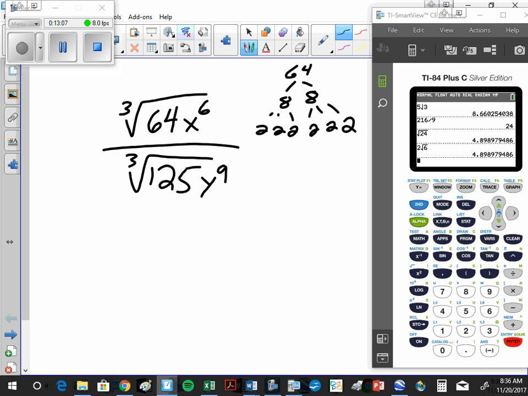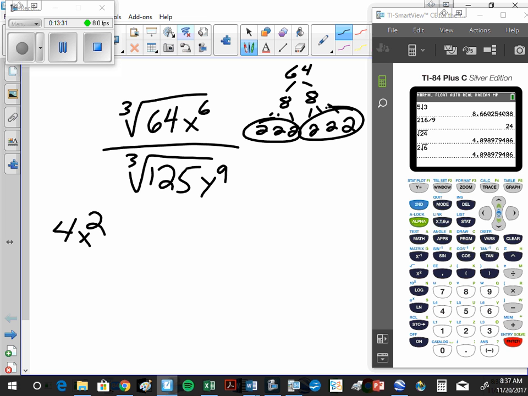Do I have any triplets? 2 sets. What's left over? Nothing. So on the outside, I get a triplet of 2s and a triplet of 2s, which gives me 4. What about x's? I have 2 triplets. I can bring out x squared. What's left? Everything came out.